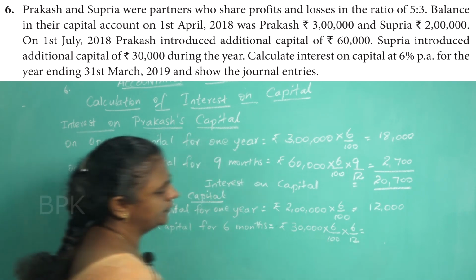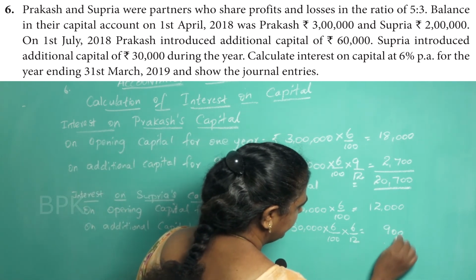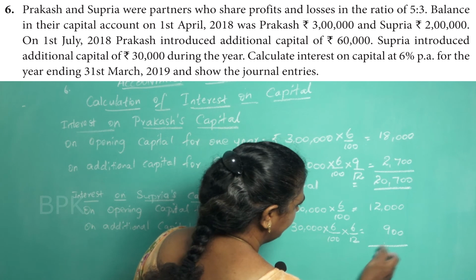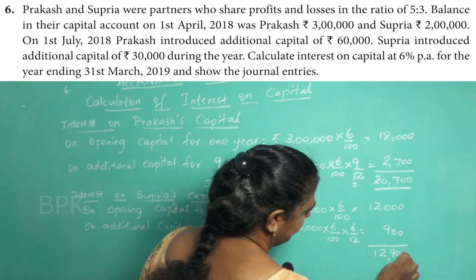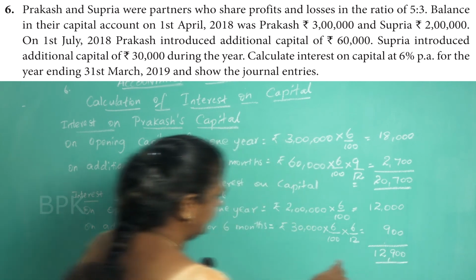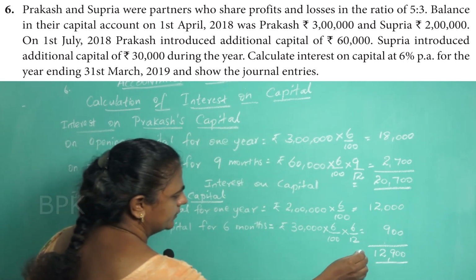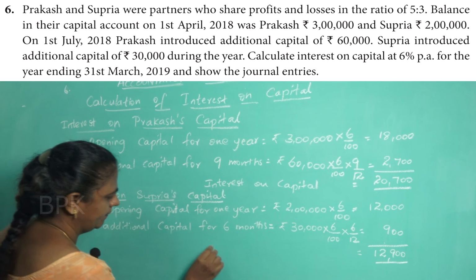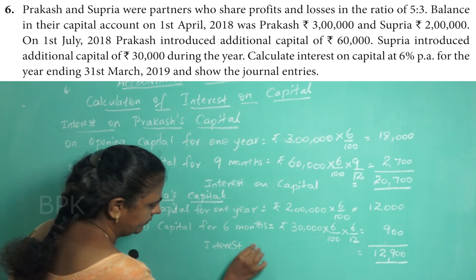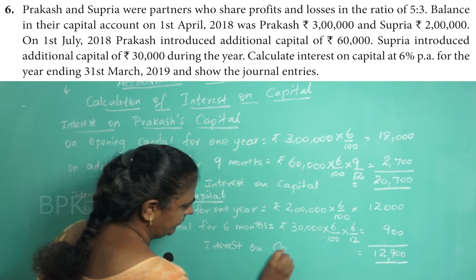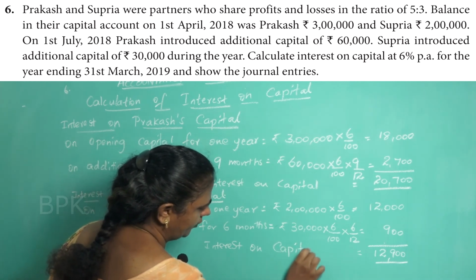So that will give you 900 rupees. So your total is 12,900. That is the interest on capital for Supriya.